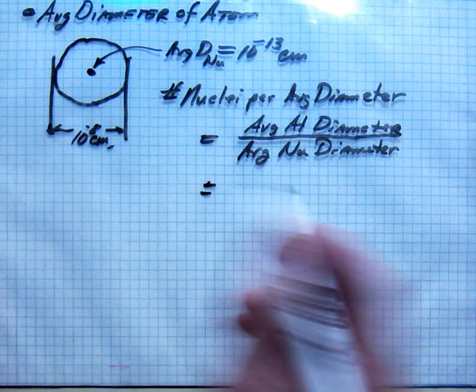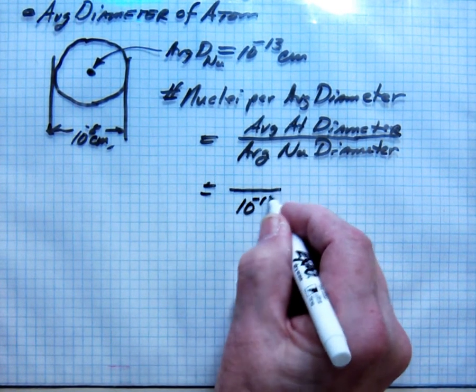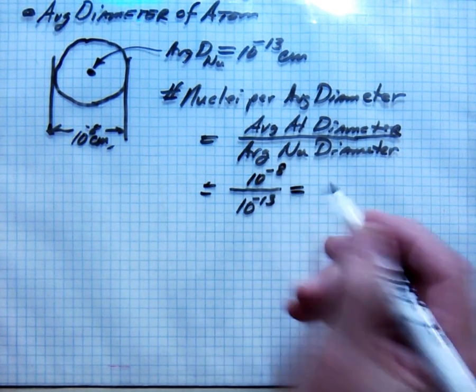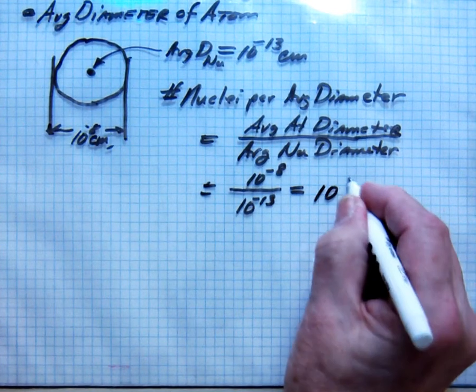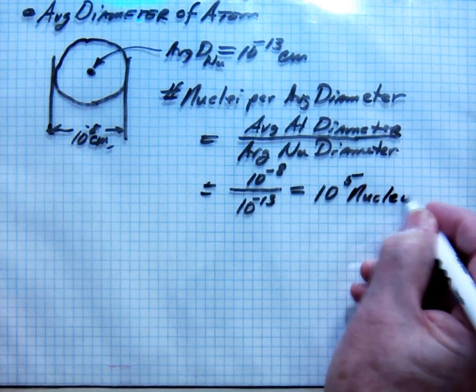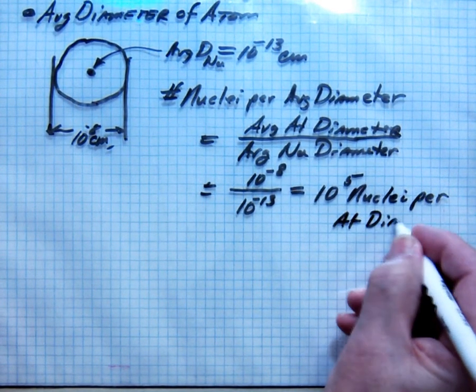So if we divide 10 to the minus 13 into 10 to the minus 8, we get 10 to the 5th nuclei per atomic diameter.